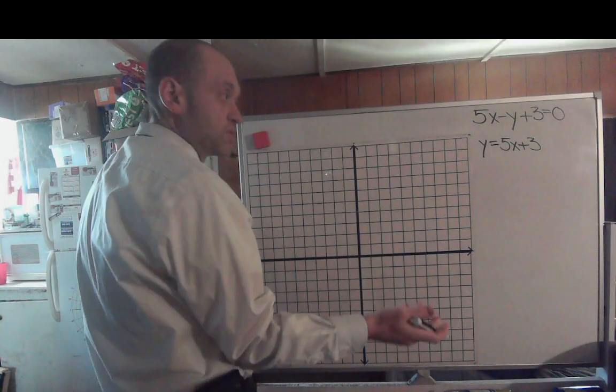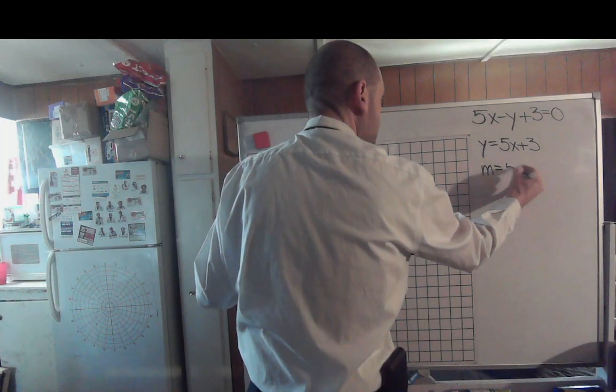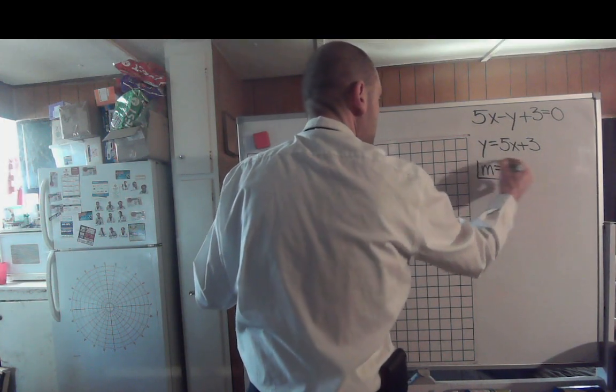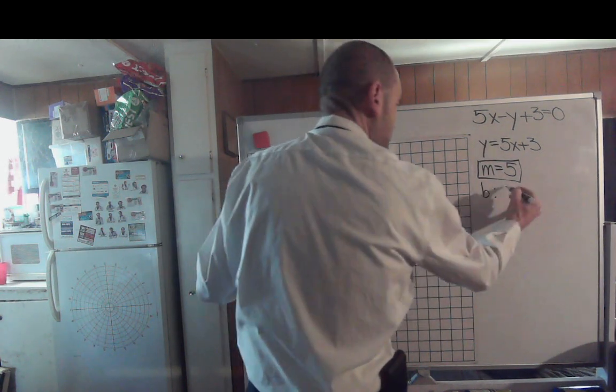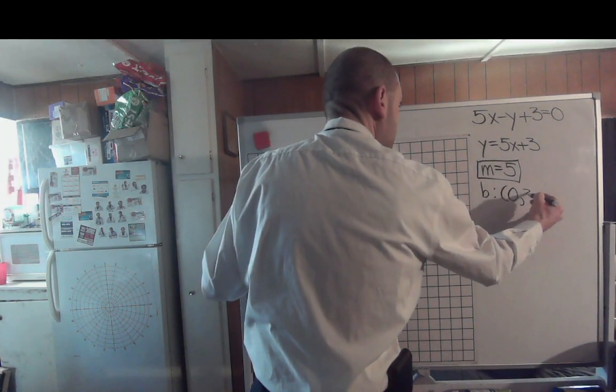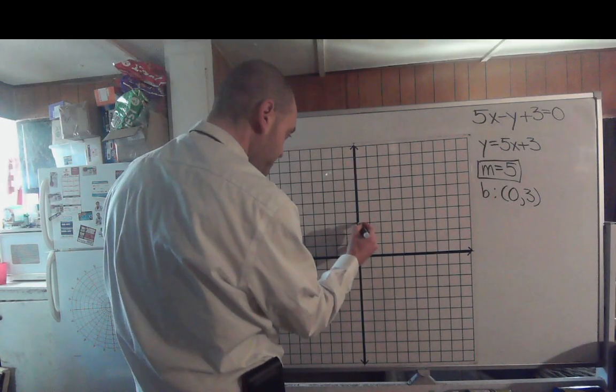So what is our slope? Our slope is 5. That's the coefficient on the x, so the slope would be 5. The b, the y-intercept, that's going to be at 0, 3. So the y-intercept would occur at 0, 3.